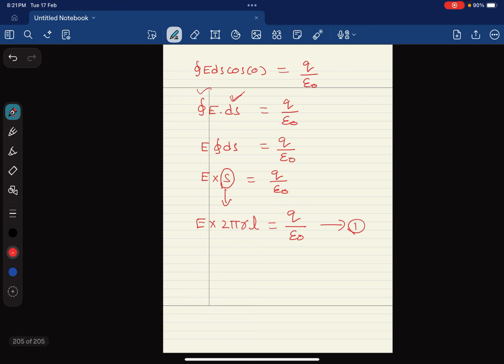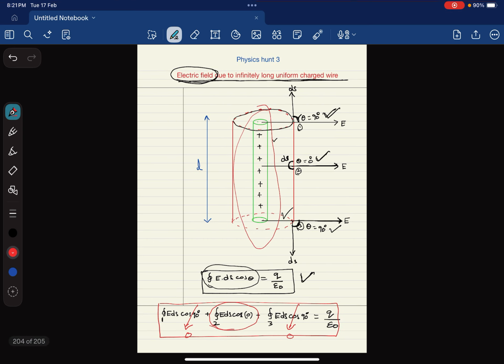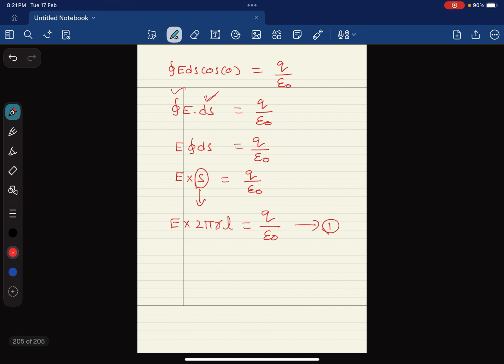As we know, the wire is a linearly charged wire, so we will use the linear charge density formula. Linear charge density is denoted by lambda. Lambda is equal to charge divided by the total length of the wire. Let us assume this is equation number 2.